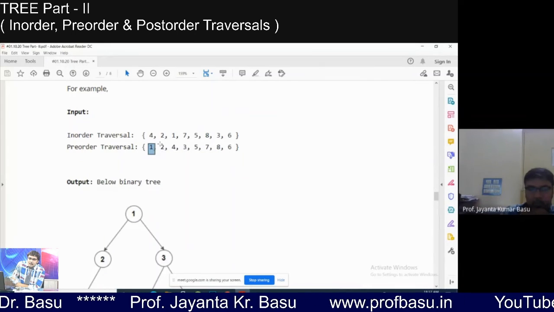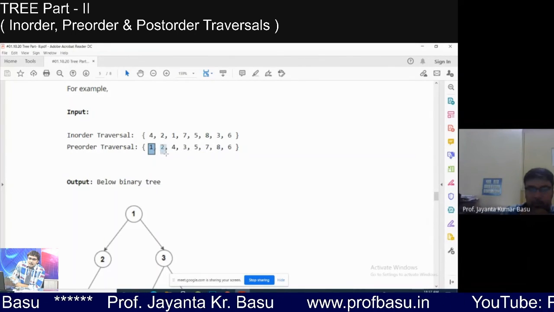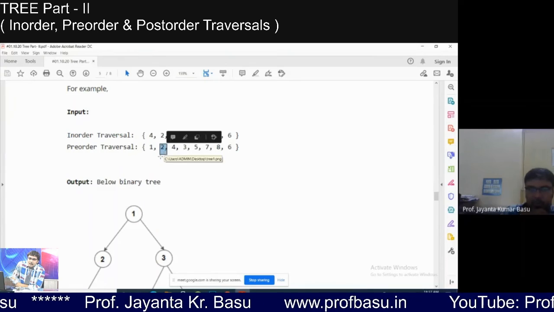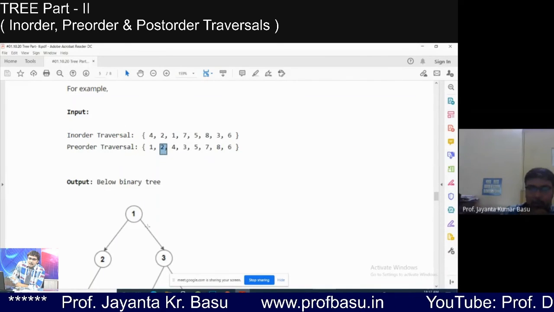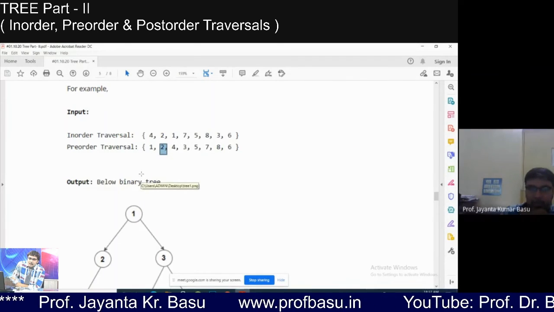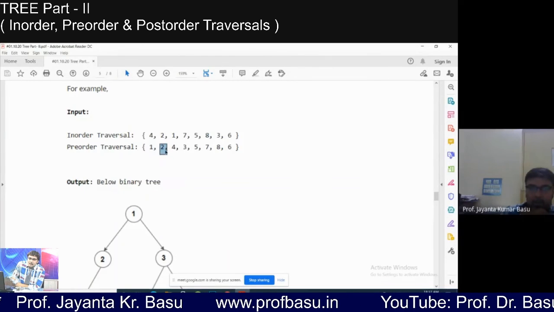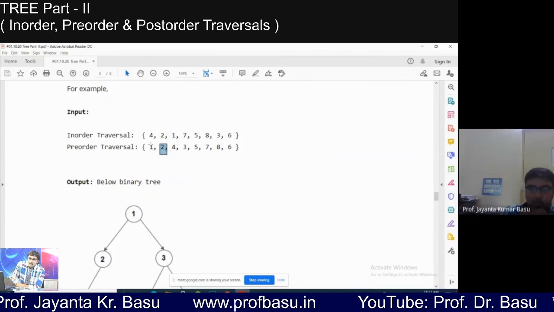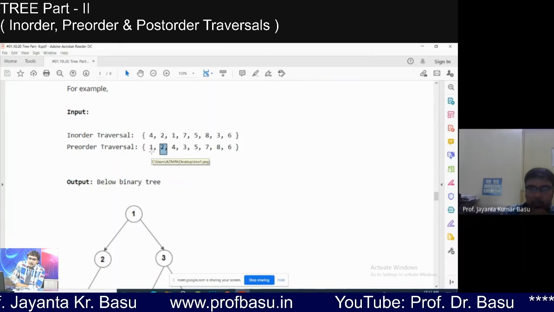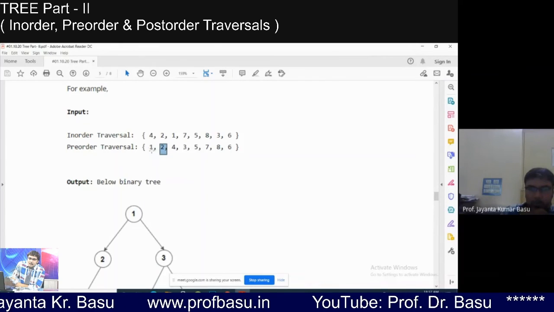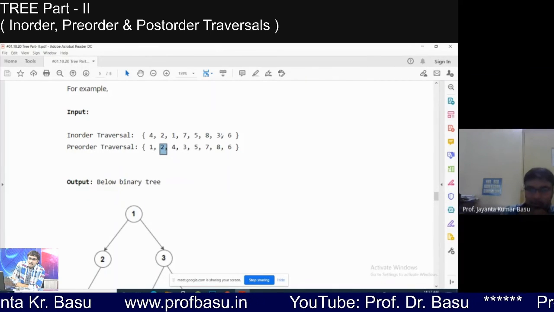Then next after 1 in the pre-order traversal is 2. So pick the value 2 and examine what the position of 2 is in comparison to 1 in the in-order traversal.